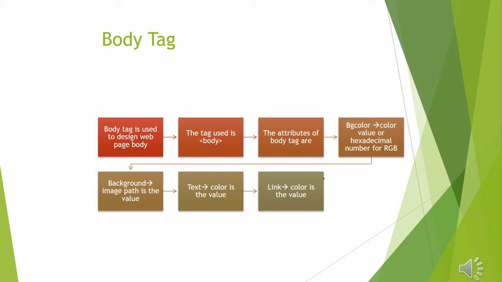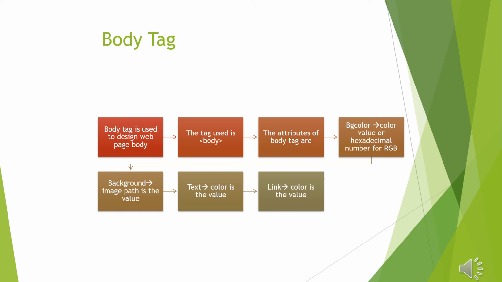Now what I mean by FF0000 is the color, that is red, green, blue. The basic colors are taken as the color value starting from 00 to FF.